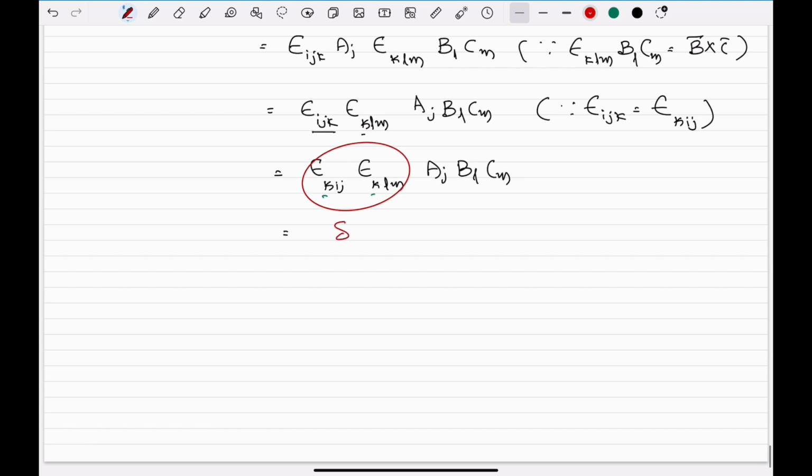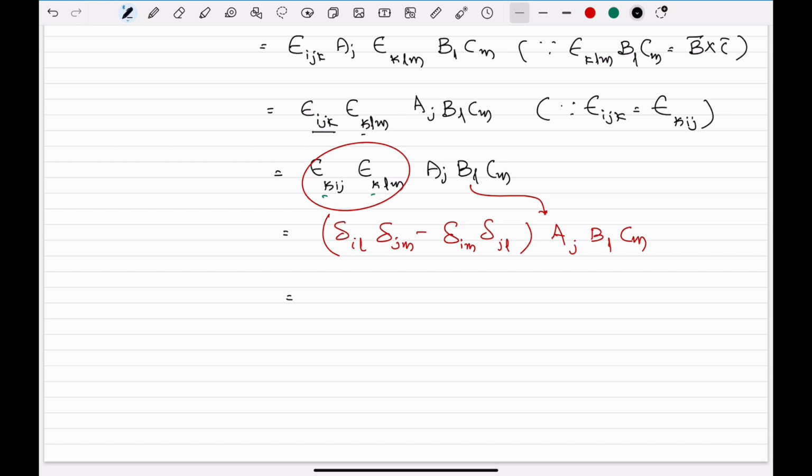When you write in the form of Kronecker delta, k will be taken out, then left over will be delta il into delta jm minus delta im into delta jl. This will remain the same. aj, bl, cm.